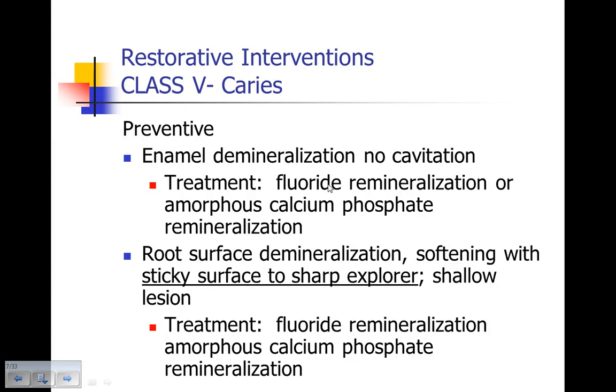We go in with fluoride remineralization and/or amorphous calcium phosphate remineralization using products such as MI Paste Plus. Our root surface demineralization with softening and a tacky surface, a sticky surface to the explorer, and a very shallow lesion, we're going to do the same type of fluoride remineralization therapy, amorphous calcium phosphate remineralization therapy.